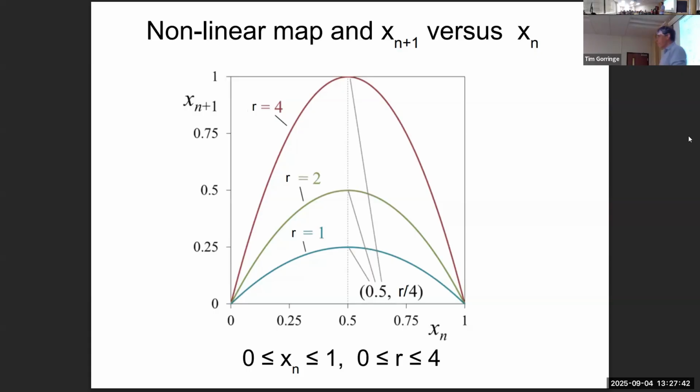If you had a very small x_n, then it's basically x_n times 1, and you get a very small number, so the function goes to 0 as x_n goes to 0. The function also goes to 0 as x_n goes to 1, because then 1 minus x_n goes to 0.